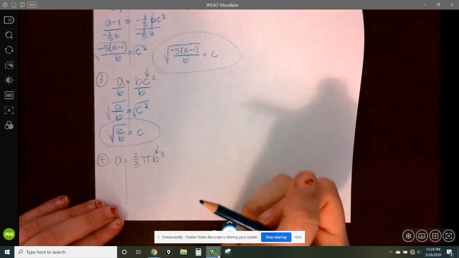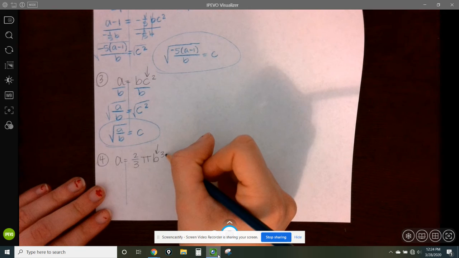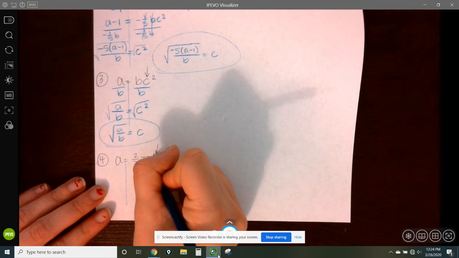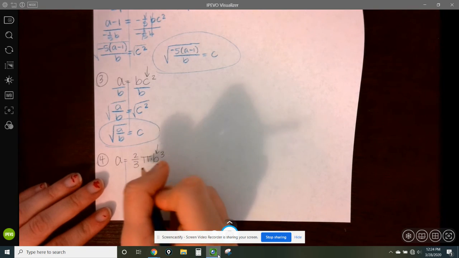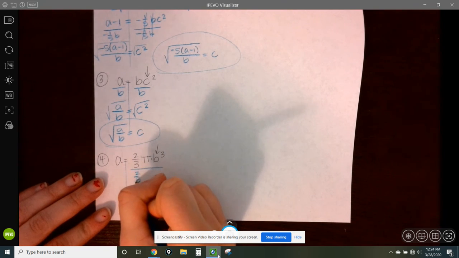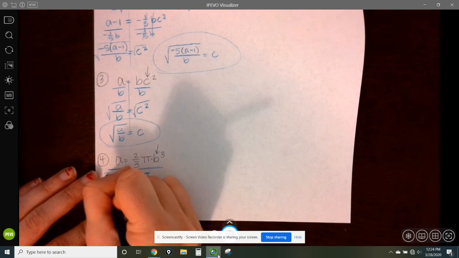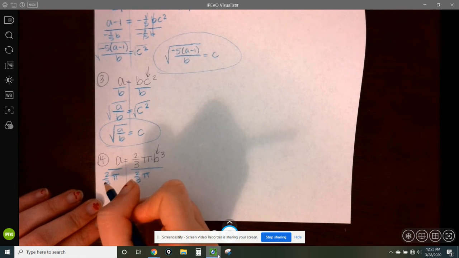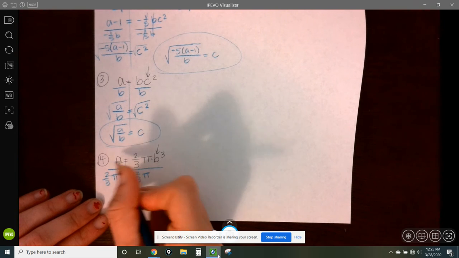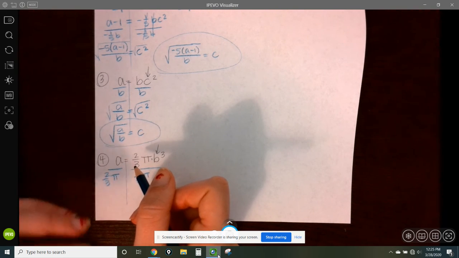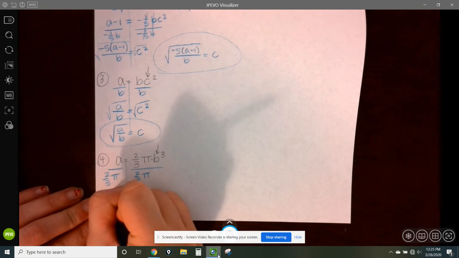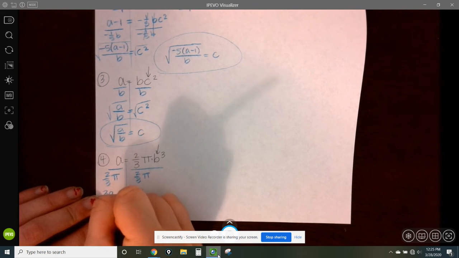Okay, number 4. I'm trying to solve for b. b is being cubed, or has an exponent of 3. First I'm going to deal with the fact that it's being multiplied by this 2/3 pi, so I'm going to divide by 2/3 pi. Again, I'm dividing by a fraction. It's that tricky thing. That's the same as multiplying by 3/2, multiplying by the reciprocal, like what it looks like when you flip it over. So what I actually have is 3a over 2 pi.